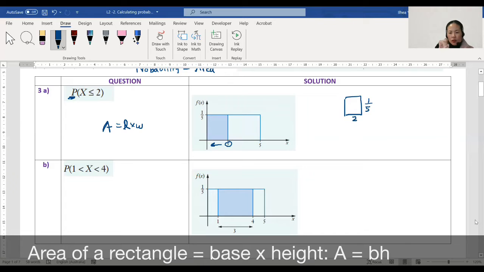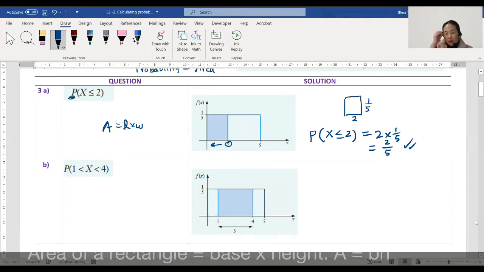So the probability that X is less than or equal to 2 equals 2 times 1/5, which is 2/5. That's it. How easy is that?